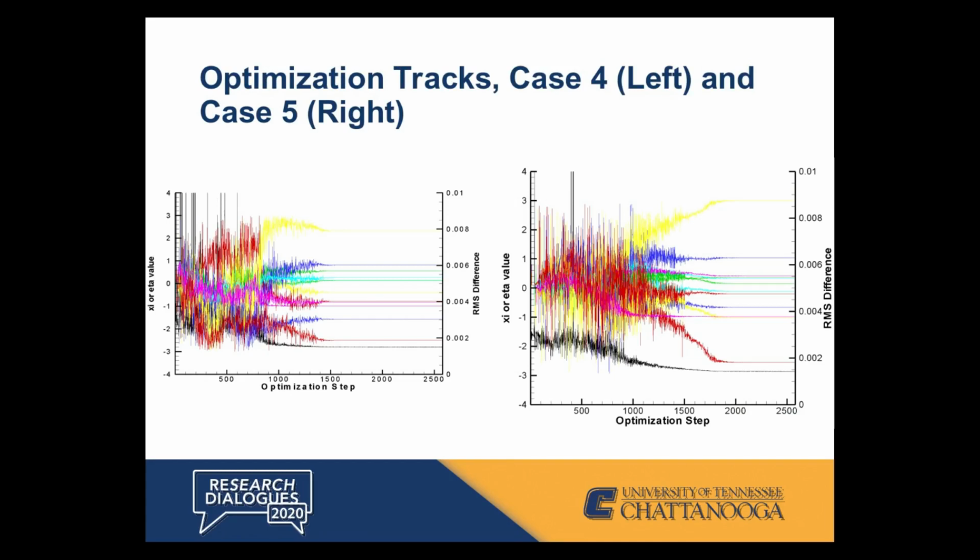The optimization tracks are in case 4 on the left, the reduced layering, and case 5, the full layering, on the right. And you can see that this is very unusual. You're starting to see these tracks more in the literature, and they're basically the optimizations, for which we used a polytope method with annealing.